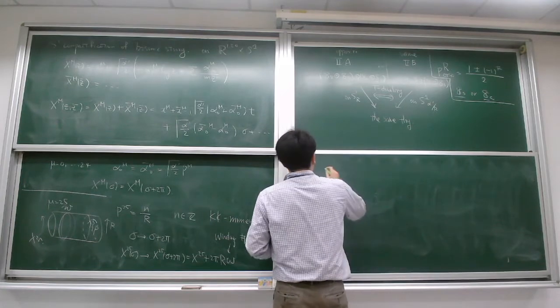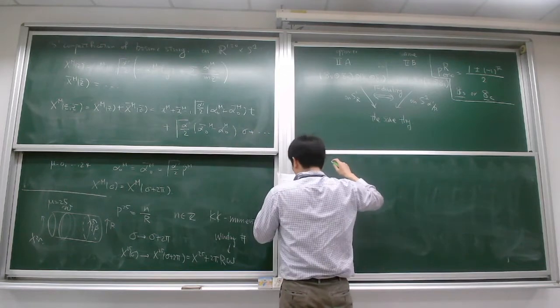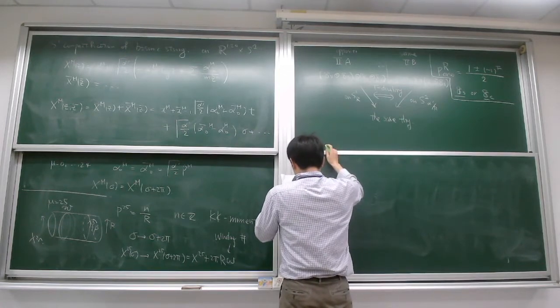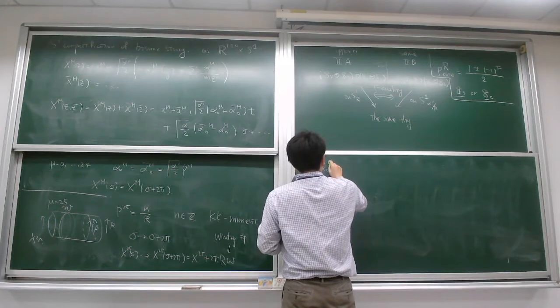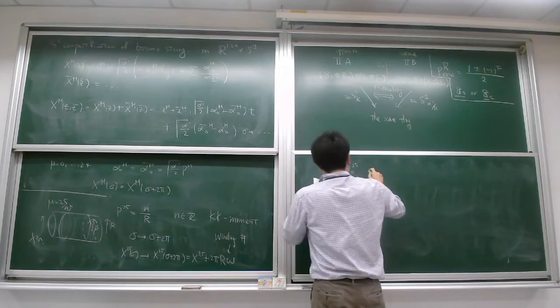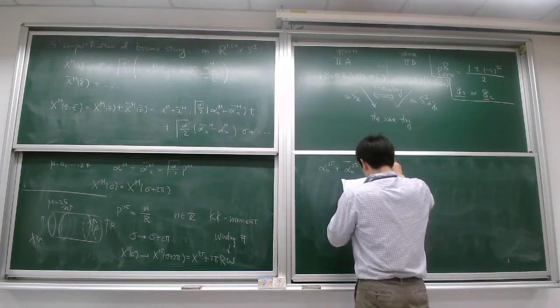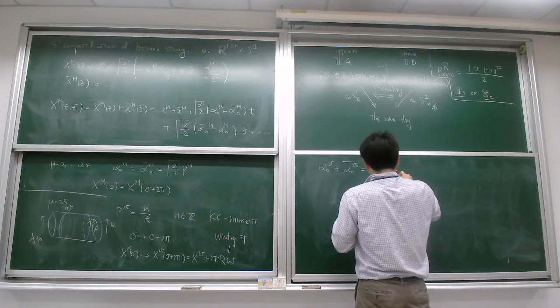If you impose this condition and compare with this one, then it turns out that alpha 0 25 plus alpha 0 25 bar, this momentum, has to be 2n over R times alpha prime over 2.